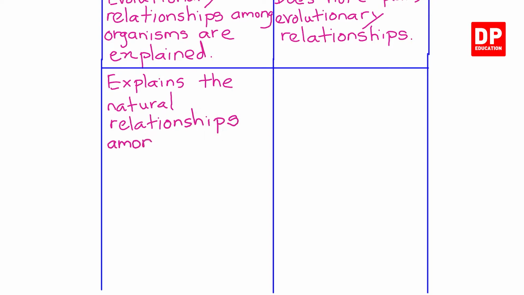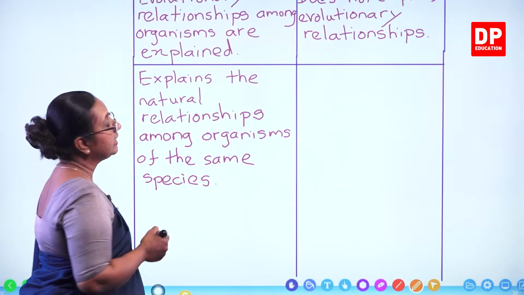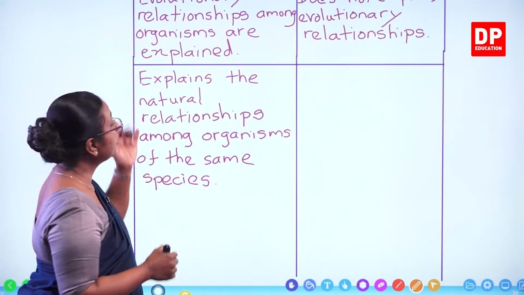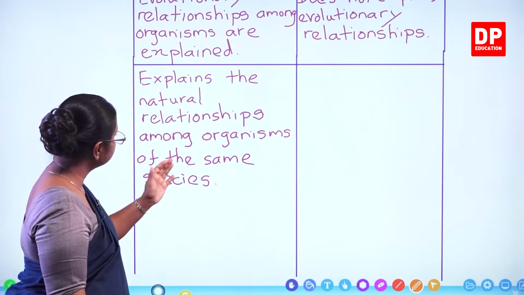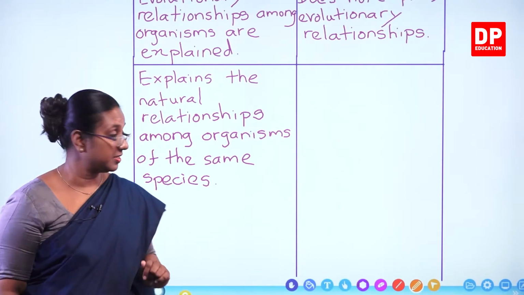So that is another property of natural classification. It explains the natural relationships among organisms of the same species.